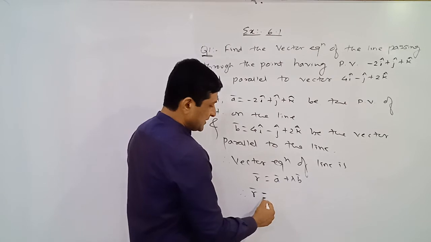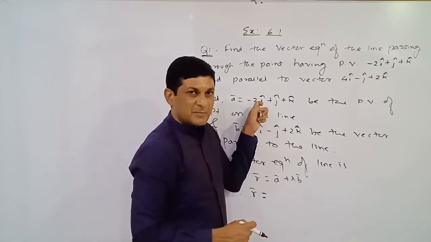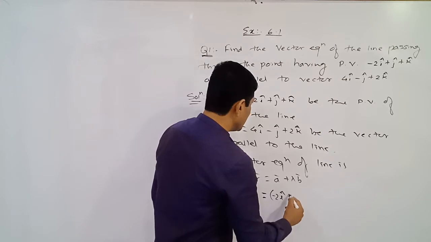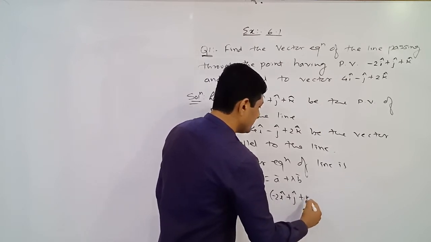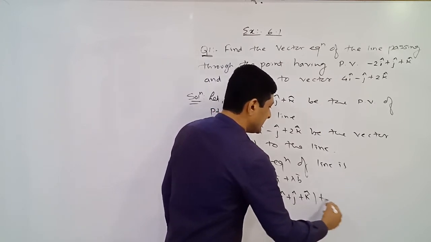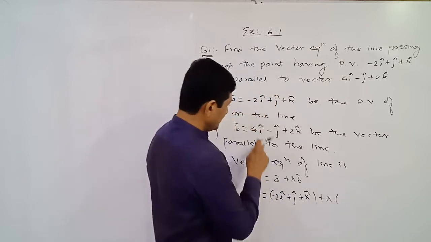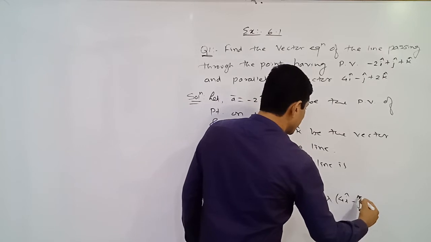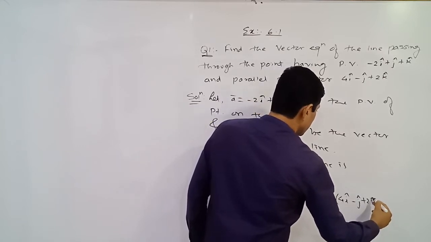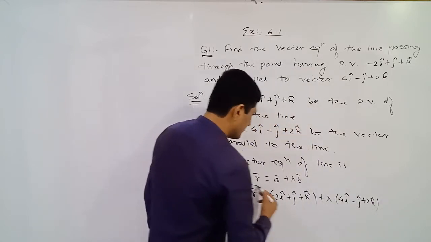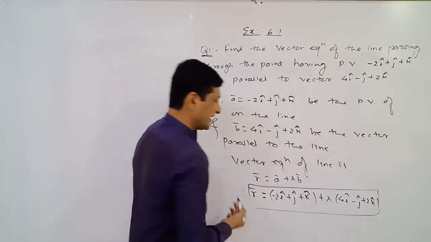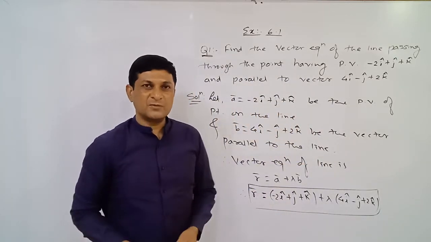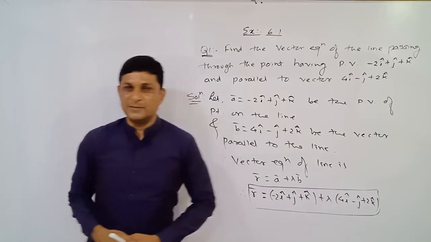We are just substituting the value of a bar, where the value of a bar is equal to minus 2i cap plus j cap plus k cap, plus lambda b bar. b bar is what here? 4i cap minus j cap plus 2k cap. In this way, we have got our required vector equation of the line. The question is to find the vector equation of the line, so using the given condition, we have got it.